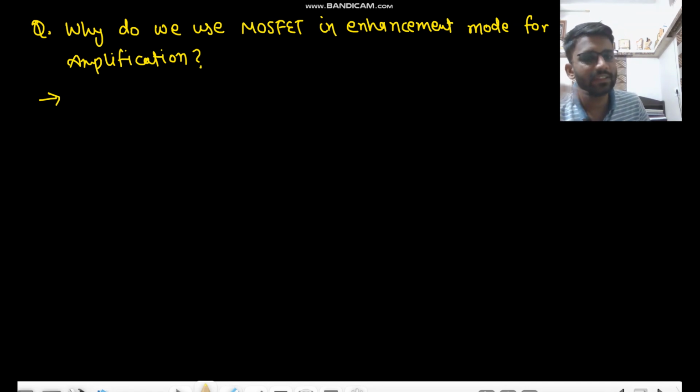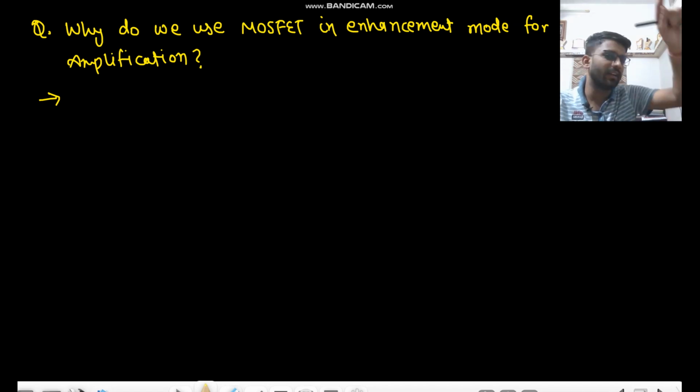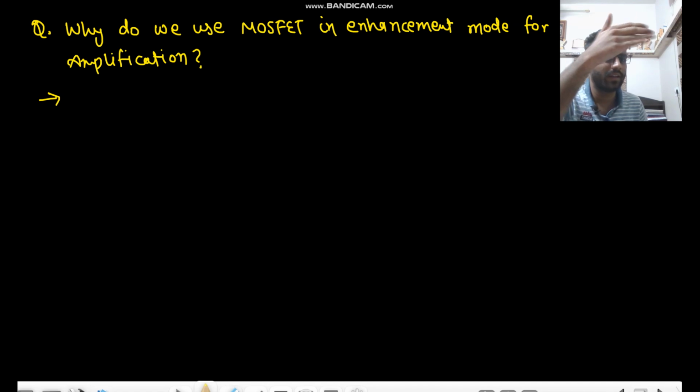Even if VGS is 0, VG is the input, right? The drain is necessary for having the current. That is not your input, right? You can't apply input at the drain. You are getting current at the drain, so that is your output. VDS will be your output because you are getting the output current there. Your input would be the VG voltage, because that is the controlling one.